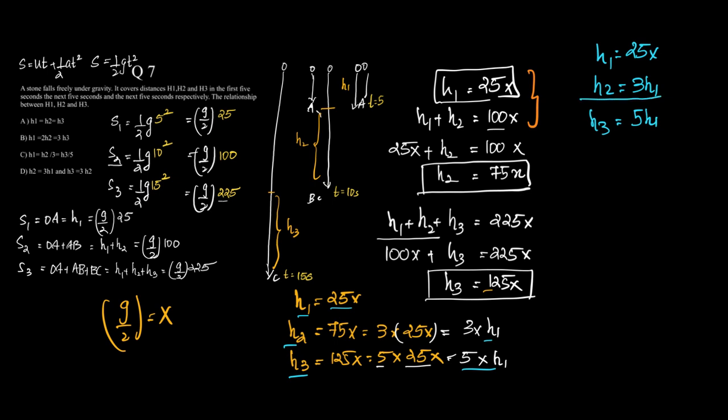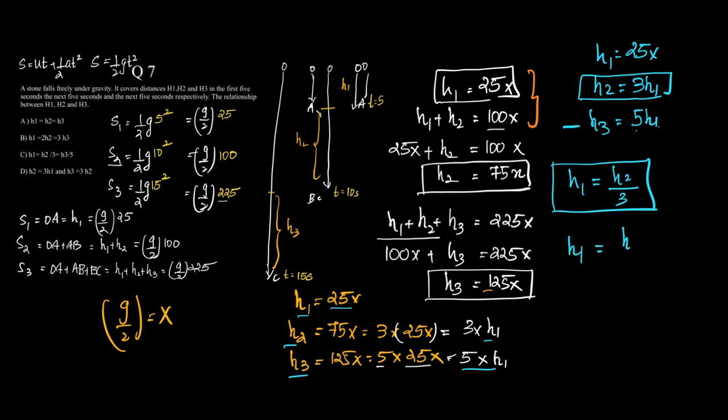So h2 is equal to 3h1 implies h1 is equal to h2 by 3. h3 is equal to 5h1 implies h1 is equal to h3 by 5, which makes us to the equation h1 is equal to h2 by 3, and h1 is equal to h3 by 5. Therefore, the correct option would be option C.